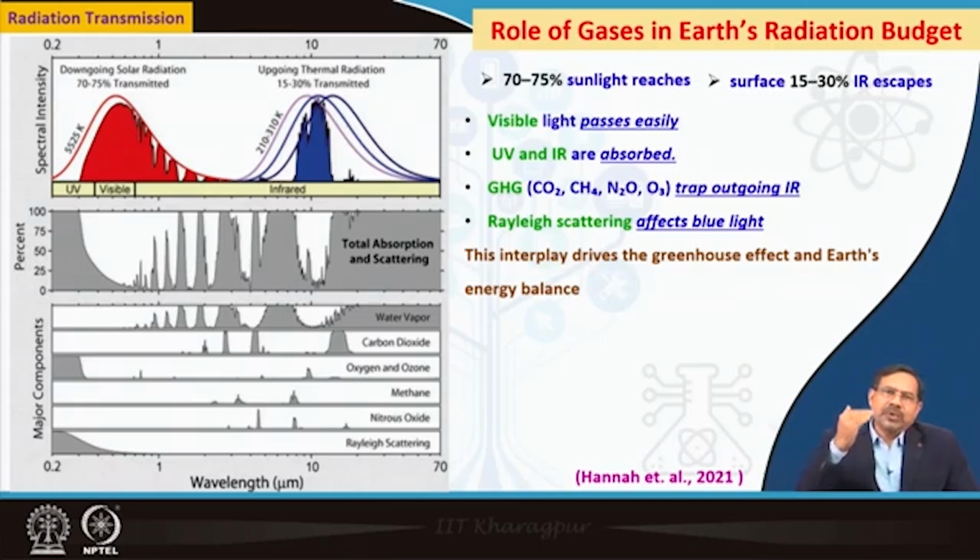And then if we divide them into various components, the major components are water vapor, carbon dioxide, oxygen and ozone, methane, nitrous oxide and Rayleigh scattering. And you can see a lot of this is happening because of the presence of water vapor in the atmosphere.